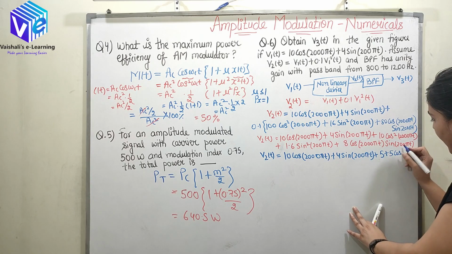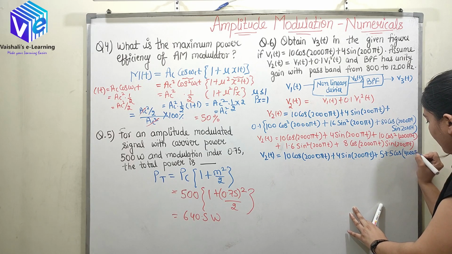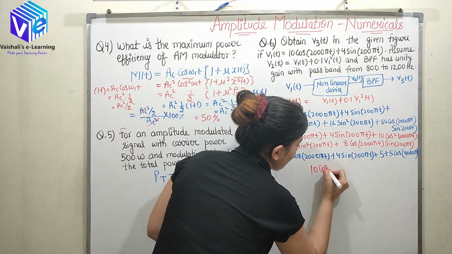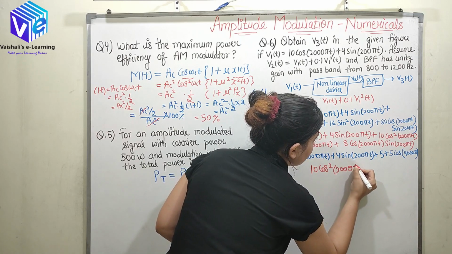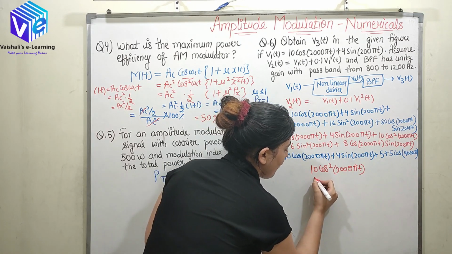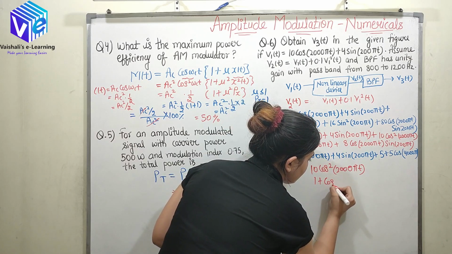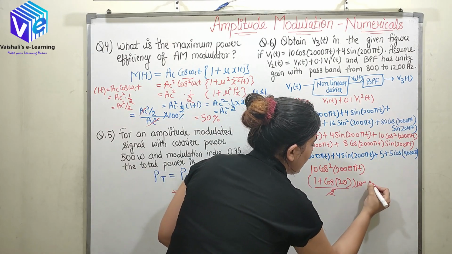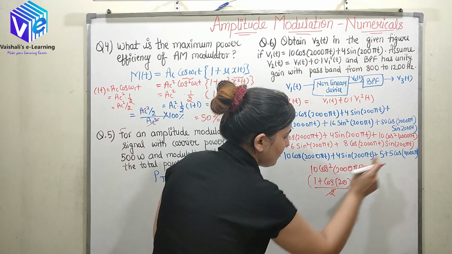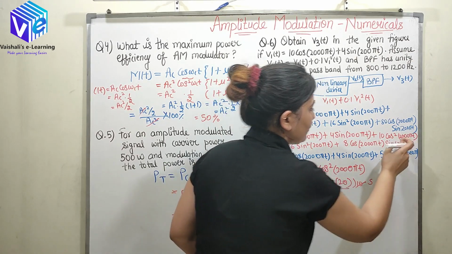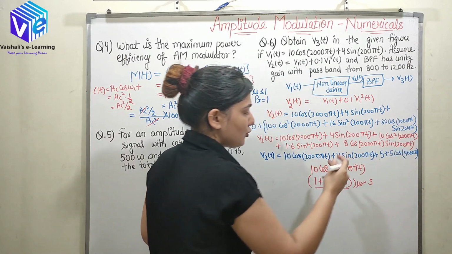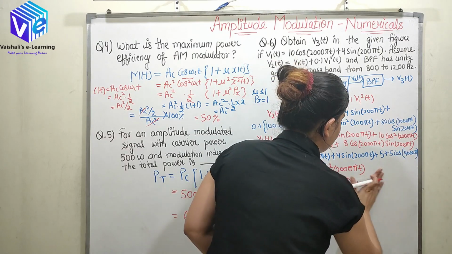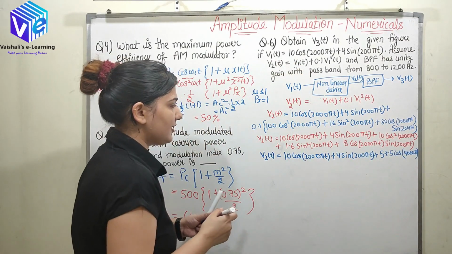So 5 plus 5 cos of 4000 pi t. Now how did I represent this? Don't get confused. 10 cos square 2000 pi t can be represented in the form of (1 plus cos 2 theta) upon 2 into 10. So 10 by 2 will be 5. 5 into 1 will be 5, and 5 into cos 2 theta. Theta is 2000 pi t, so 2 theta will be 4000 pi t. So I have 5 plus 5 cos 4000 pi t. I hope this is clear now.